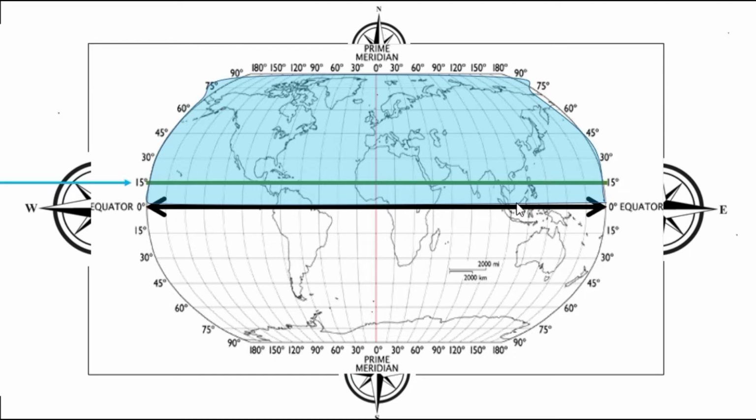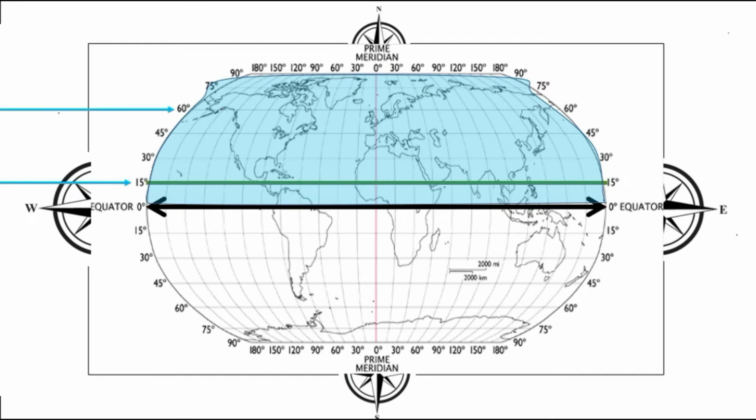Now, you can see that line is north of the equator. It's in the northern hemisphere. So the actual name for this line is pronounced 15 degrees north. That's all you got to say. When you say that, you're talking about this latitude line. It's in the northern hemisphere at 15 degrees. It's pronounced 15 degrees north.